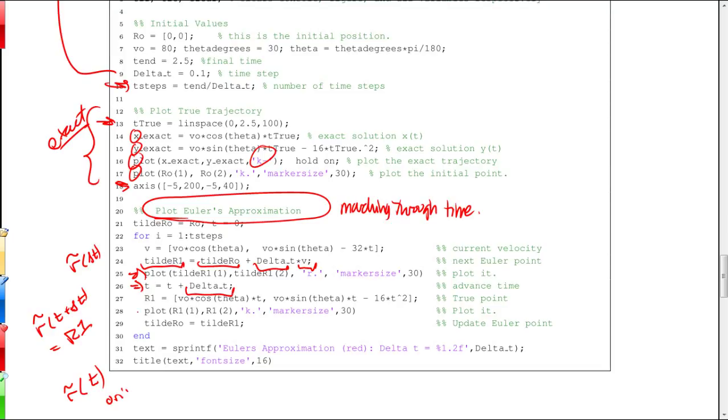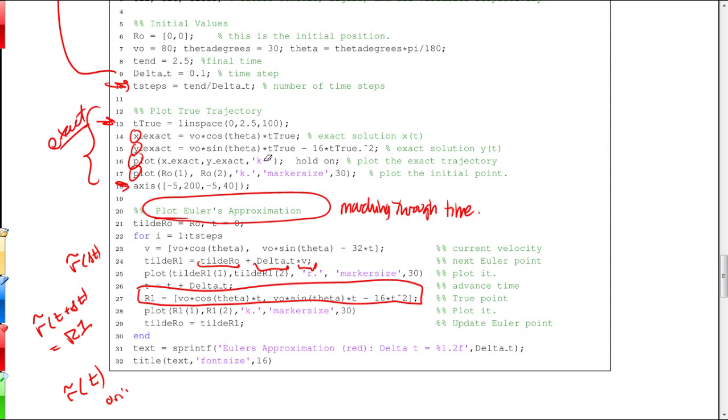And then I'm plotting the capital R1. This is actually the exact answer, right? Let me show you where that comes from. This is that exact right there. So this is what's drawing those black dots.